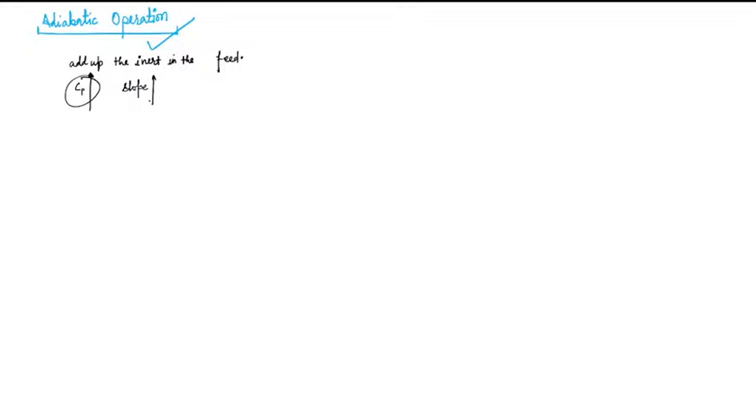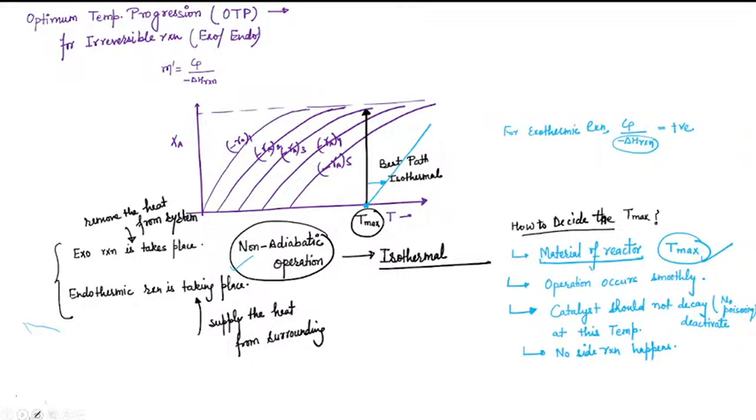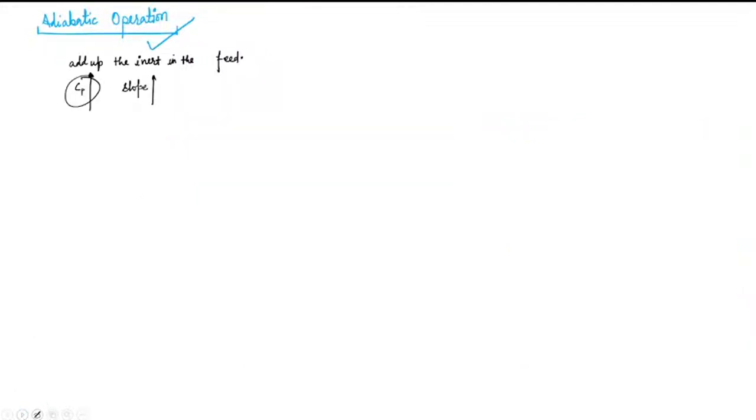Try to understand, at the inlet the inert will be added within the feed. The feed is coming at this maximum temperature, but as you add the inert, whose temperature was low, heat will liberate and the inert will absorb that heat. In this case the temperature will not increase, it will be about the same.